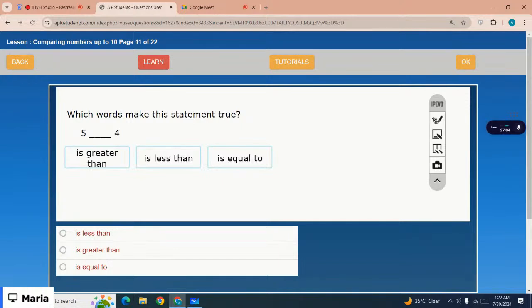The correct option is greater. Option number 2 is the correct option.